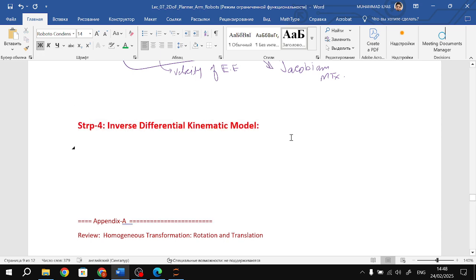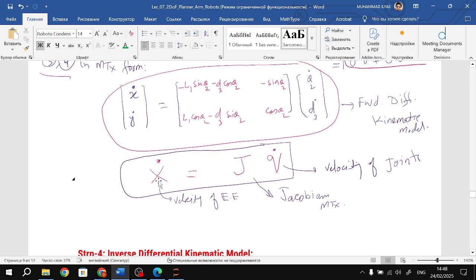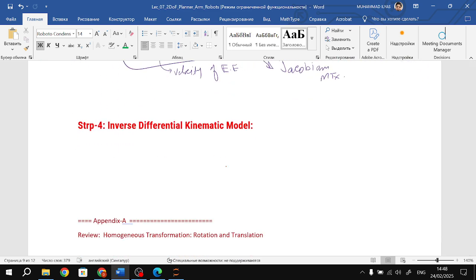We have the forward differential kinematic model. What is that? That is just over here: x dot is equal to J q dot. This is our forward differential kinematic, and here we want inverse differential kinematic, right?